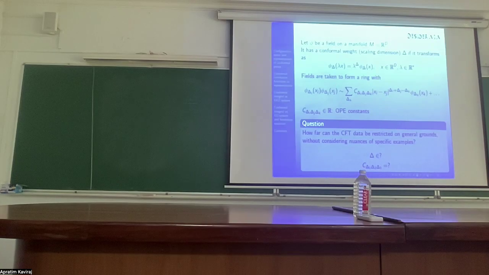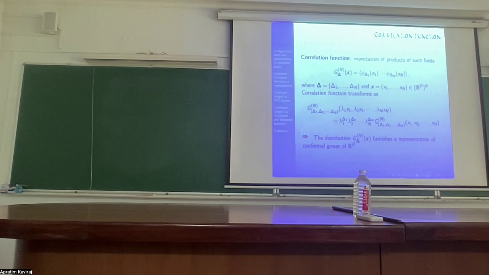The question we want to address is how far one can restrict the CFT data, which essentially means the domain of definition of these deltas and the OPE constants, without considering specific models, their nuances and all. So that's the basic desideratum that we have: the domain of delta and the values of C.